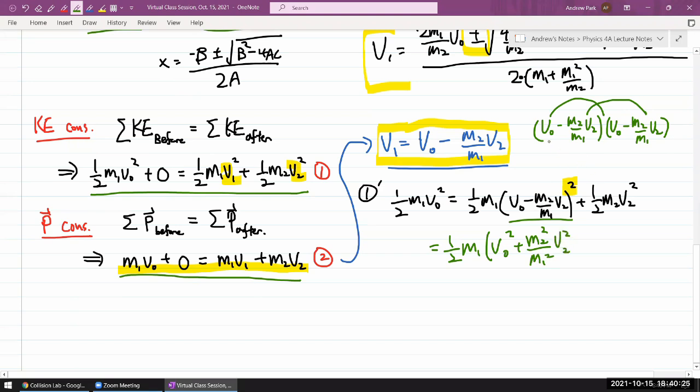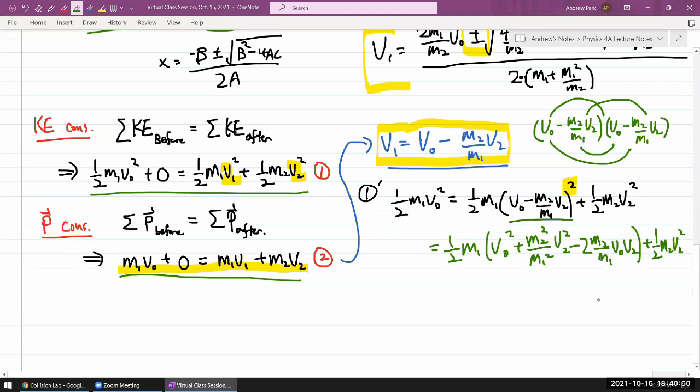Okay, and then I have cross terms, v0 times that and this times v0. They are going to result in the same product. So I'll say minus 2 m2 over m1 v0 v2. Okay, that's my first term. And then I still have plus 1/2 m2 v2 squared.